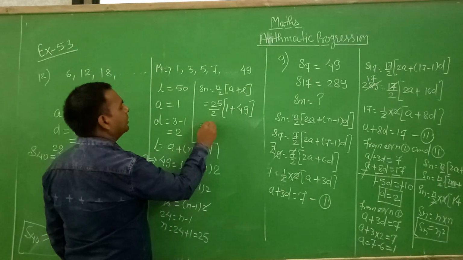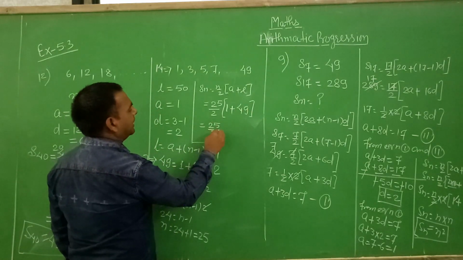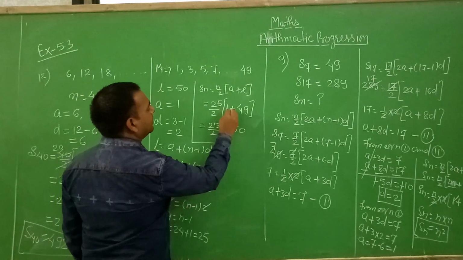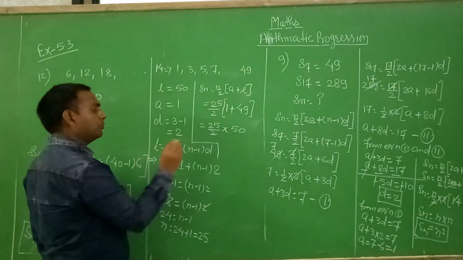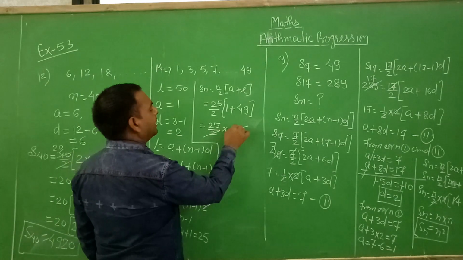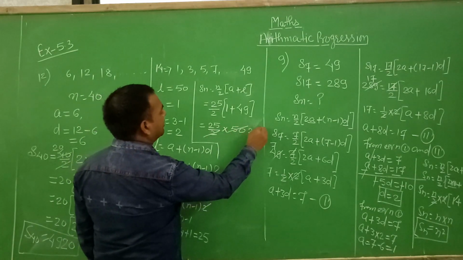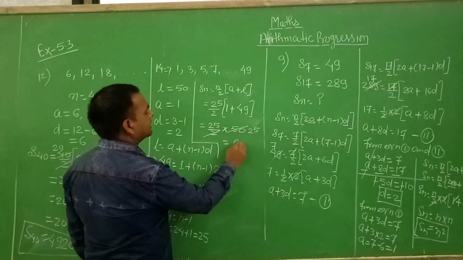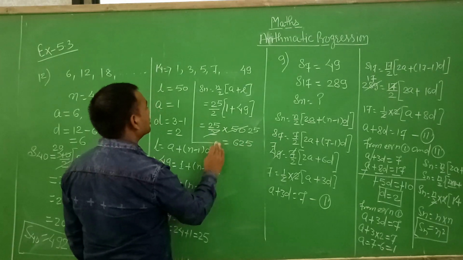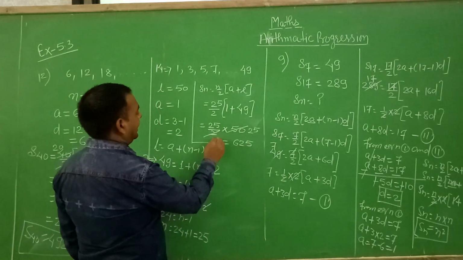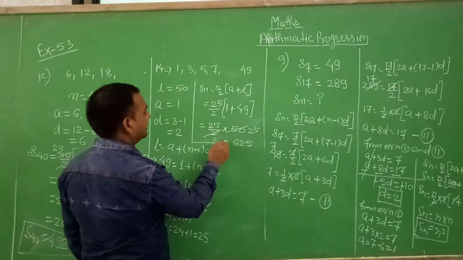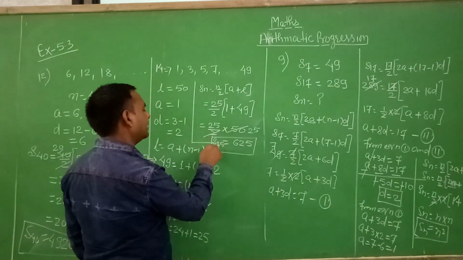So this is equal to 25 by 2 into 50, because 49 plus 1 is 50. 2 divided into 50 is 25, and 25 fives are 125, giving 25 times 25, which is 625. So here the answer S25 is equal to 625.